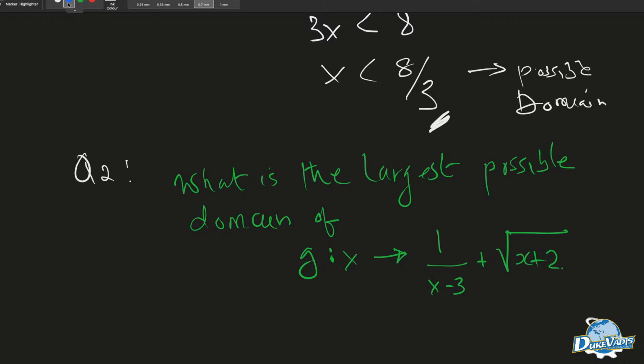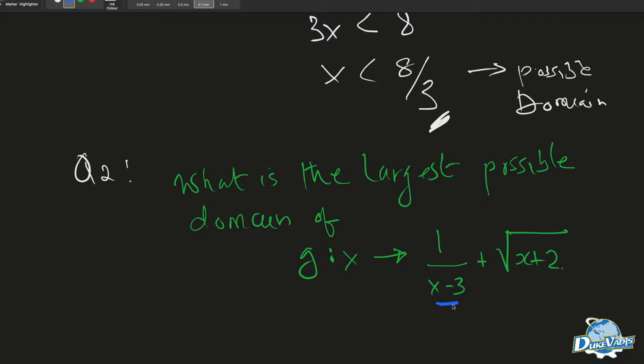If x is equal to 3, then the expression will be 1 over 0, so there will be a division by 0 when x is equal to 3. So that is one condition.